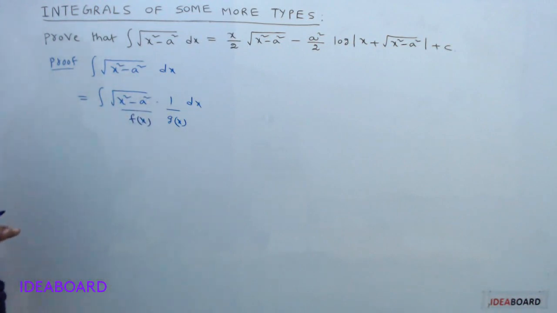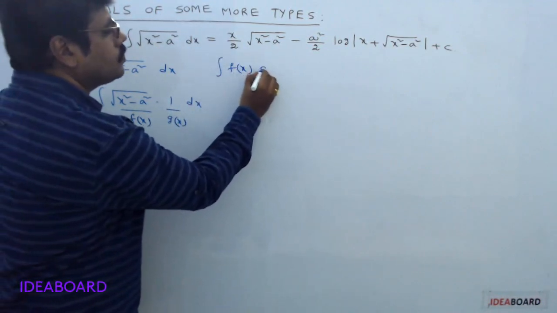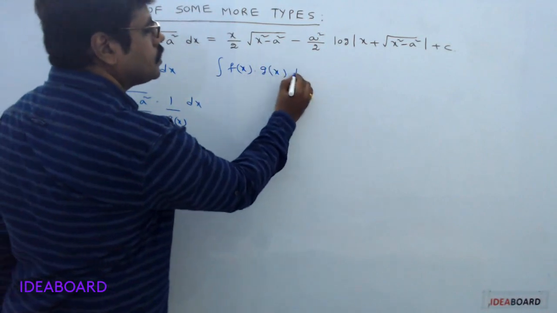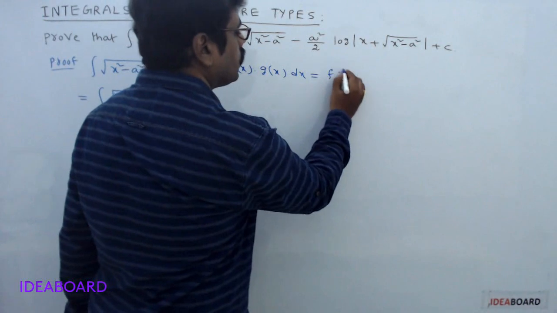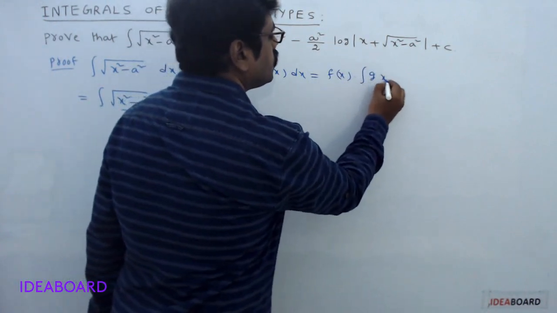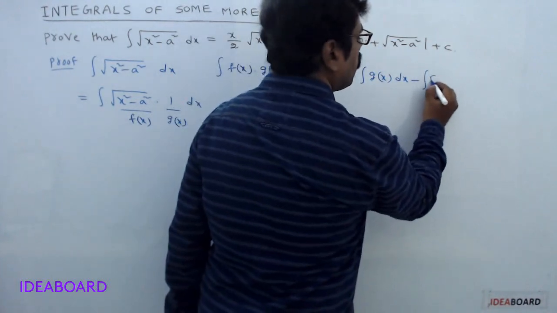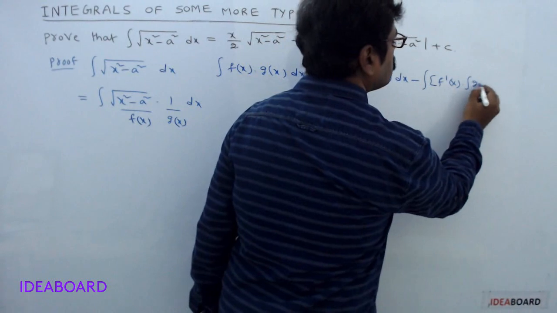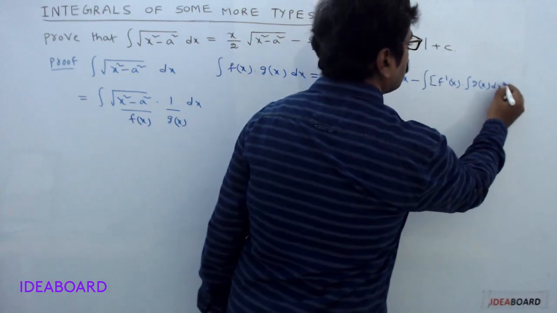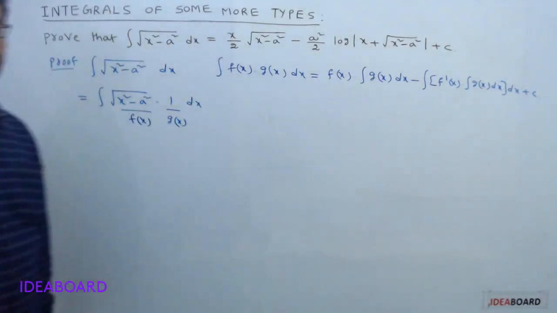Now, what is the formula of integration by parts? Integral f of x into g of x dx equals f of x into integral g of x dx minus integral of f dash of x into integral g of x dx into dx plus a constant c.